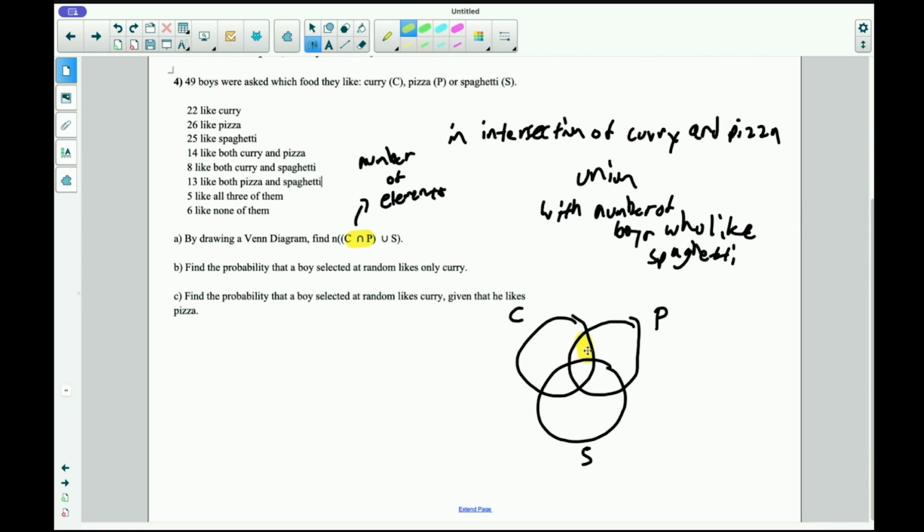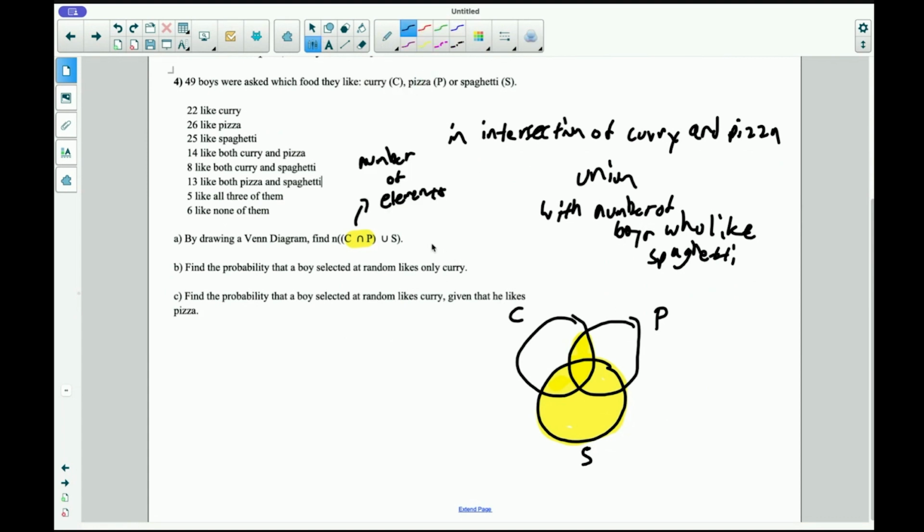So that's going to be this section here, and that's also going to be this section here as well. They like curry and pizza in both these sections. But we're also going to include the union of set S, so everything that's within this circle as well. So basically all of those sections, whatever numbers are in those sections, is what we're going to add together.